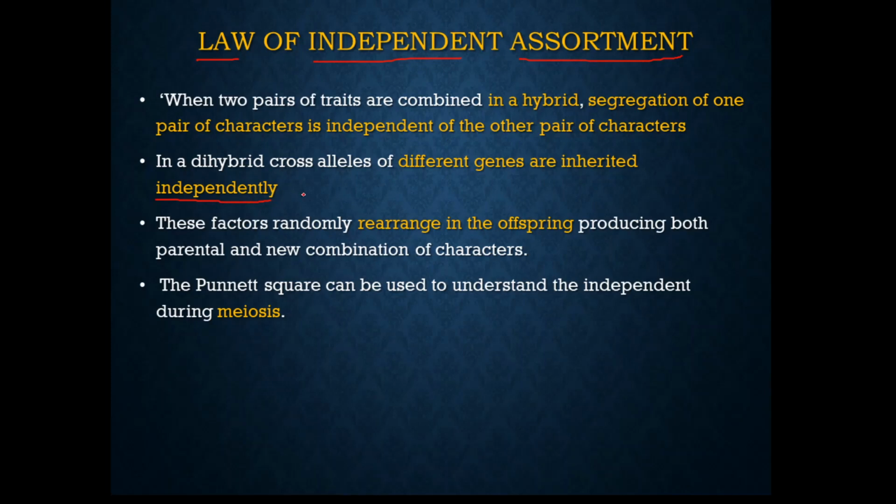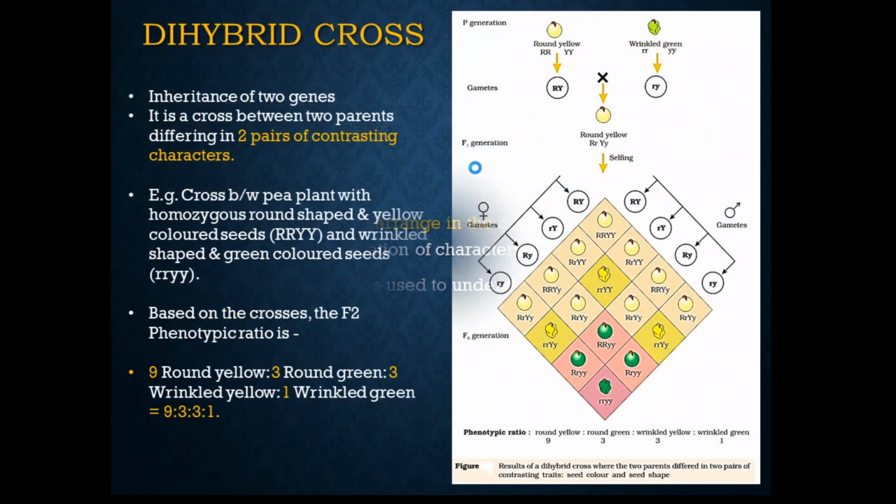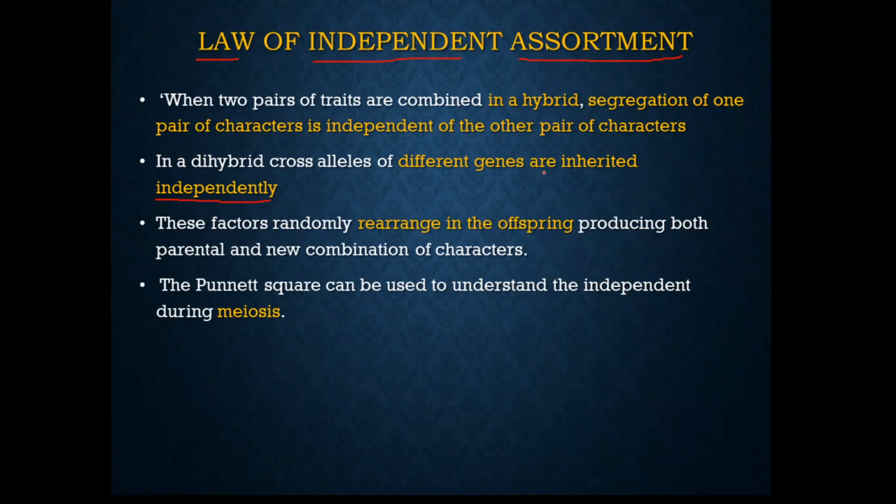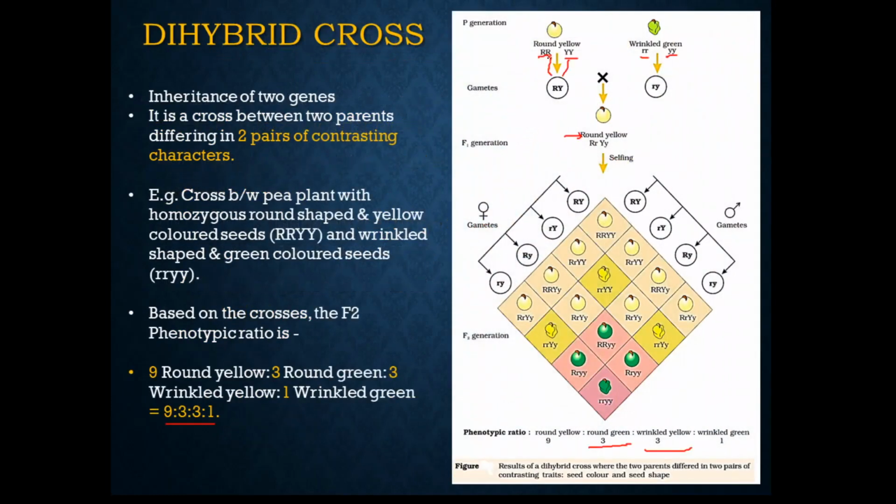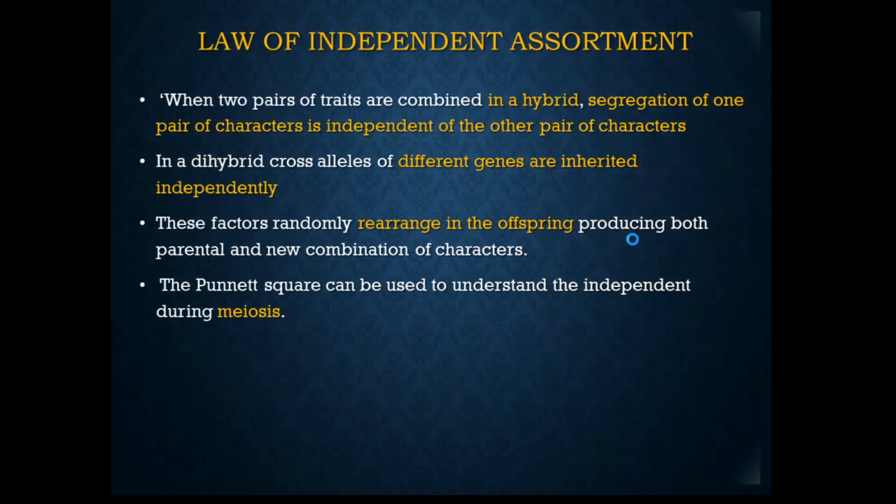In the previous cross we saw the alleles of different genes, one for round and another for yellow. These two genes are inherited independently, and they are not going to bind together. So round and yellow are not going to stay together forever. They are going to segregate, and they are going to form new possible combinations in the F2 generation.